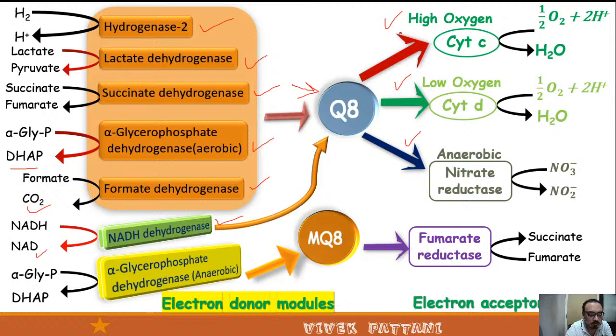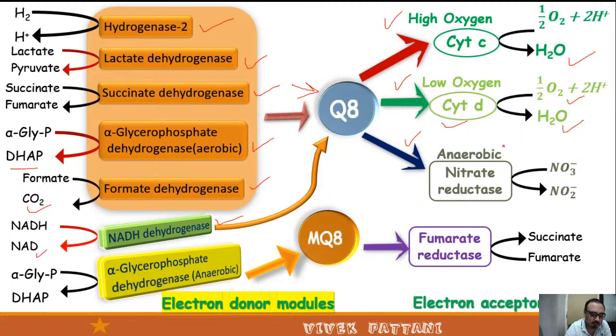In the conditions of high oxygen concentration, cytochrome C will be used, which converts oxygen into water. In the condition of low oxygen, cytochrome D will be used, where oxygen will be converted again into water.